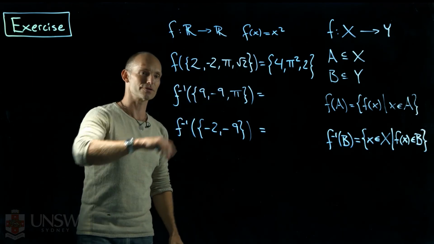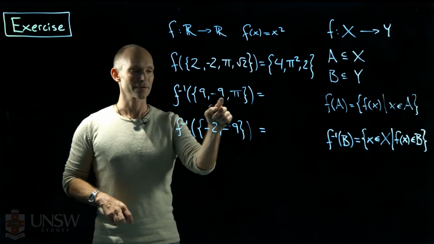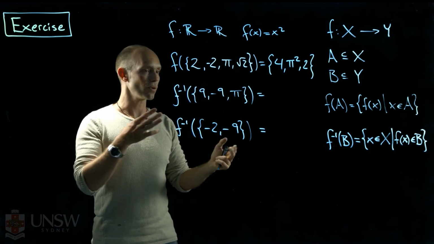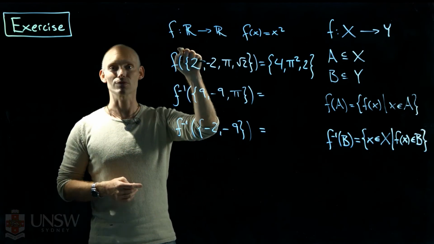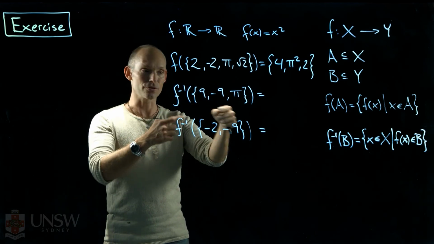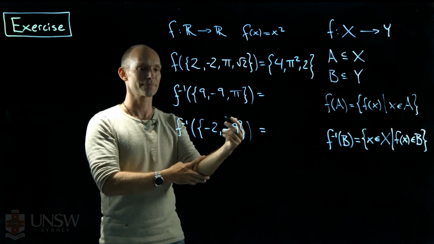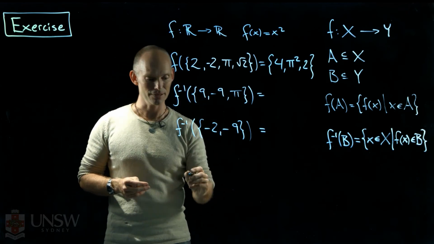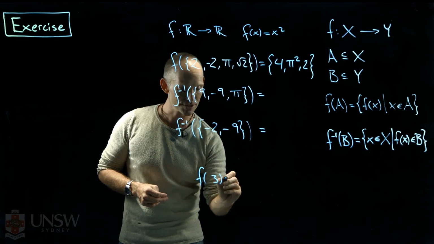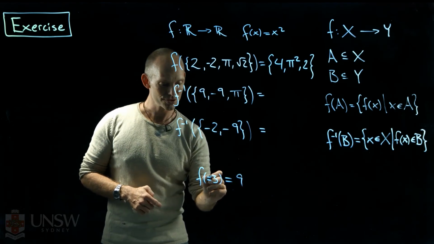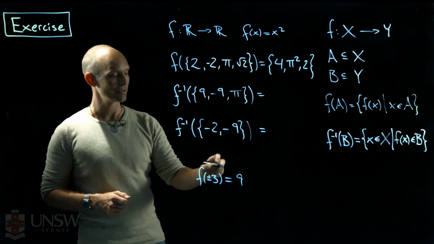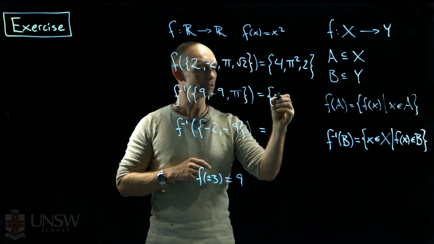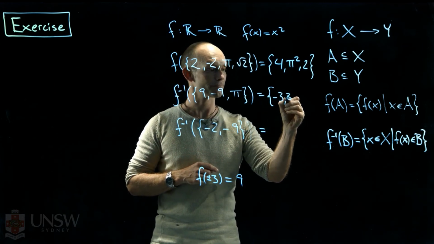Now the inverse image there, we have to look at each of these elements in turn, 9, minus 1, and pi, and ask what numbers in the domain, what real numbers there, give any of those numbers if we plug them into the function. So, well, for 9 we could have 3, so f of 3 is equal to 9, but so is minus 3, so plus or minus 3 will give us 9. So we certainly have in our inverse image here minus 3 and plus 3.